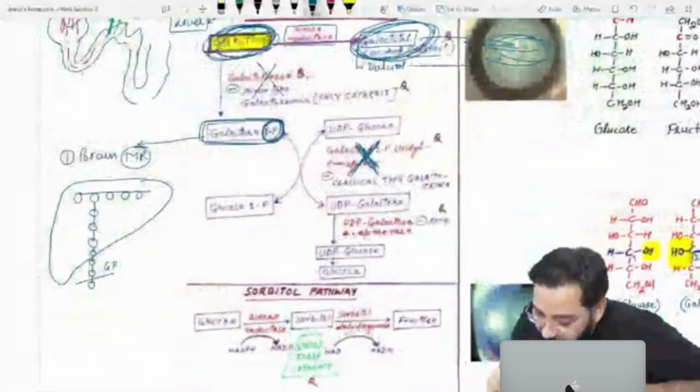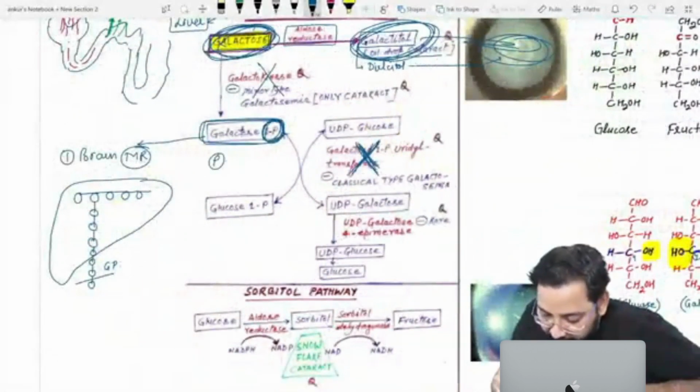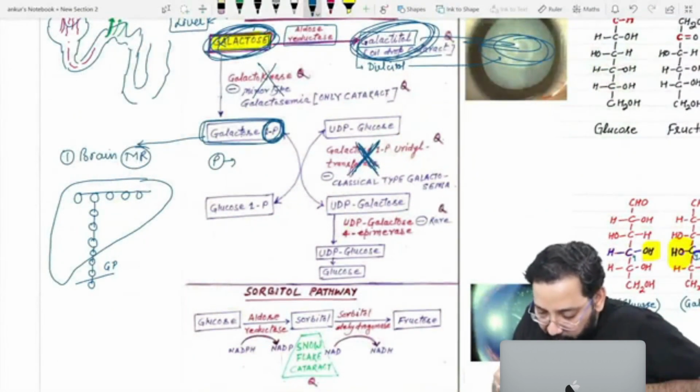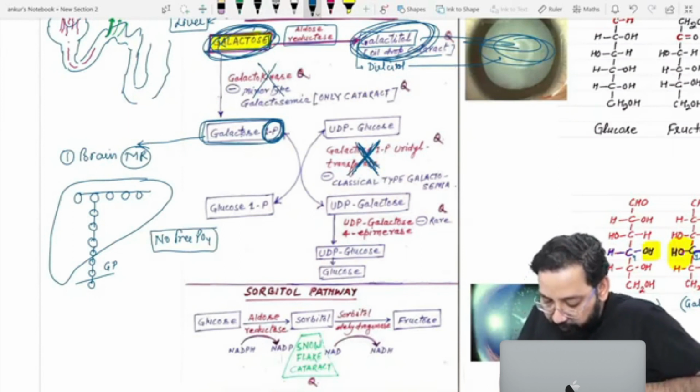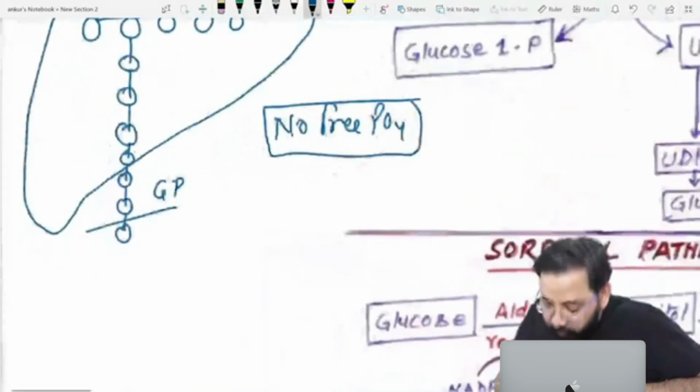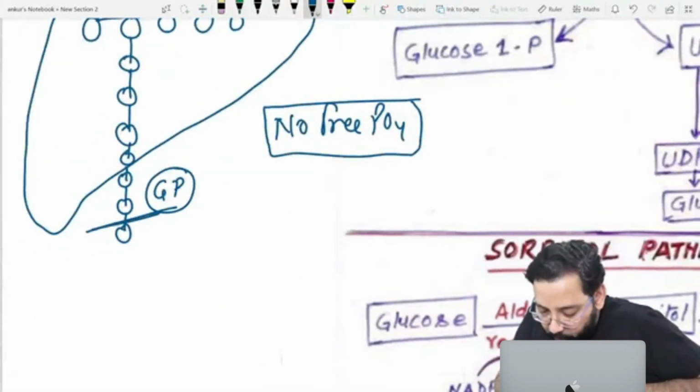but in galactosemia, classical type of galactosemia, all the phosphate is in the form of galactose 1 phosphate. There is no free phosphate. When there is no free phosphate, glycogen phosphorylase will not be able to cut this.